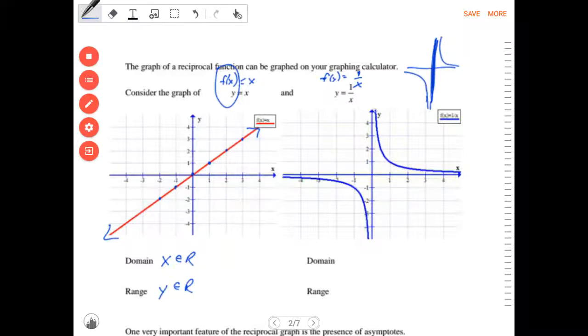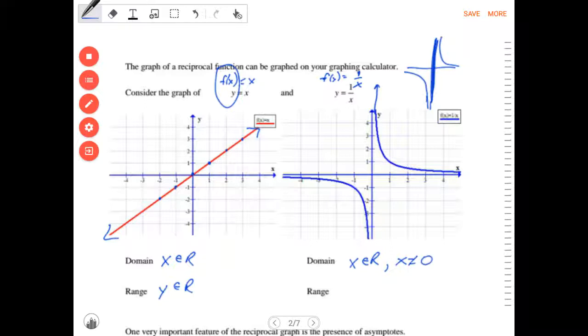The idea here is that this line gets closer and closer to the y-axis and never touches. So the domain is everything except when x is 0. x is an element of the reals, except x is not equal to 0.